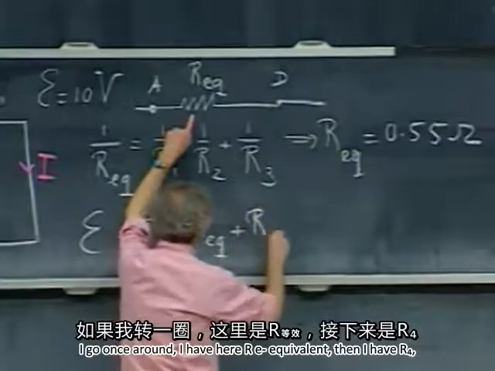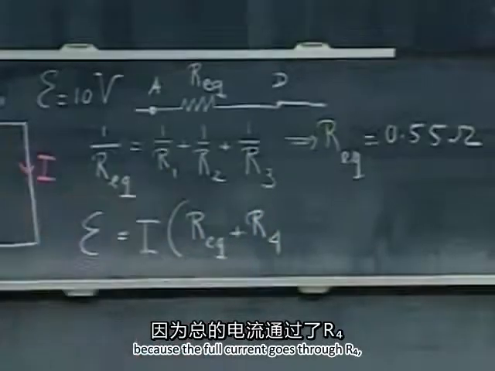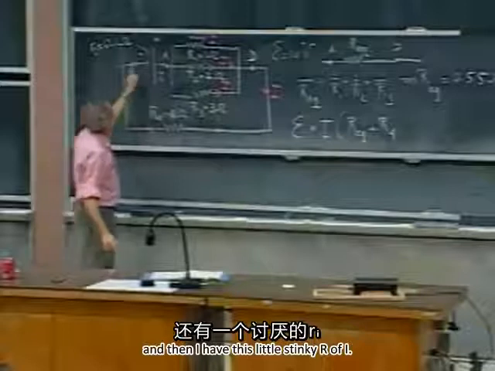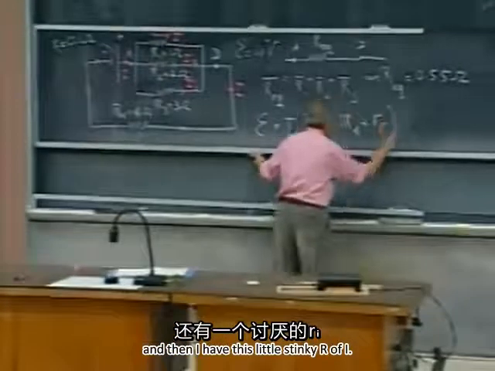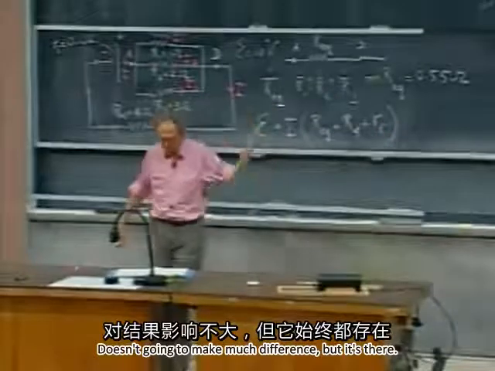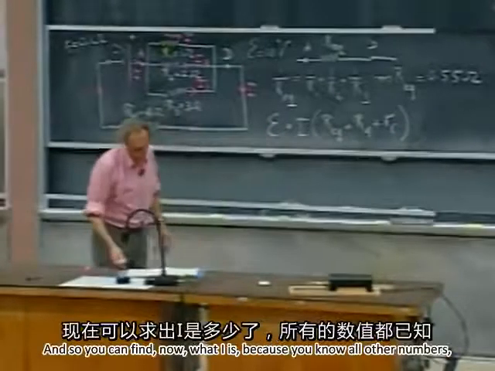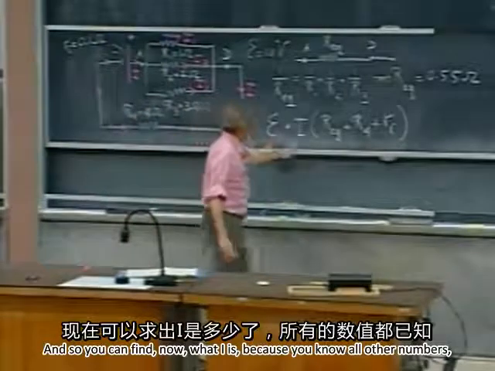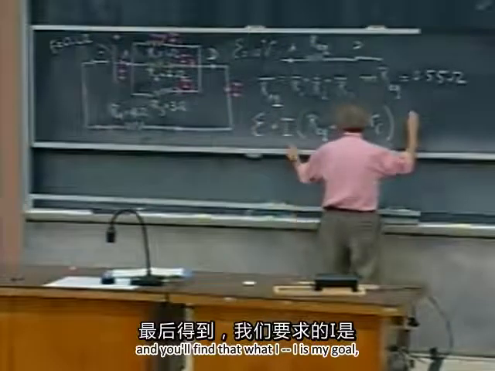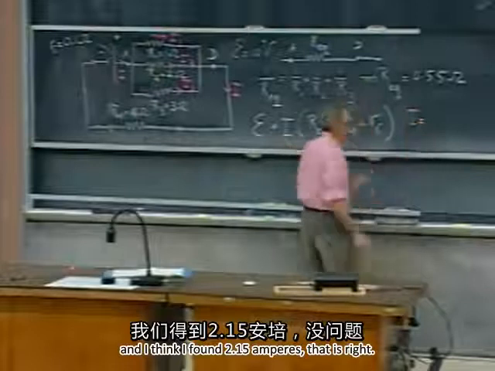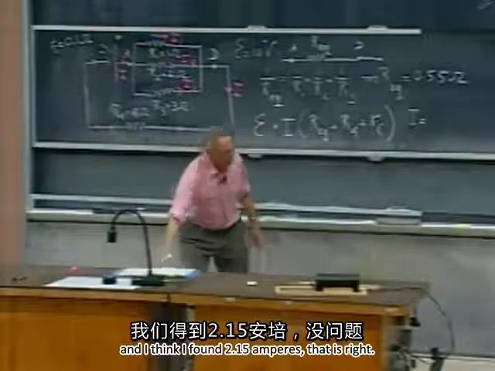Then I have R4, because the full current goes through R4. And then I have this little stinky R of I. It's not going to make much difference, but it's there. And so you can find now what I is, because you know all other numbers. That is my goal. And I think I found 2.15 amperes. That is right.